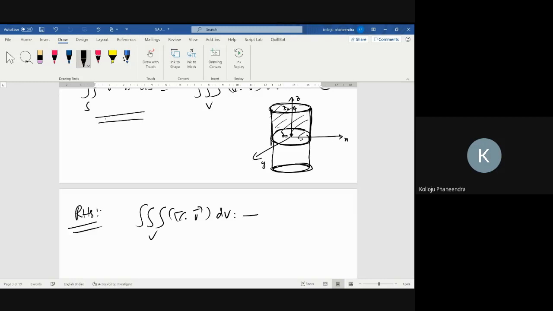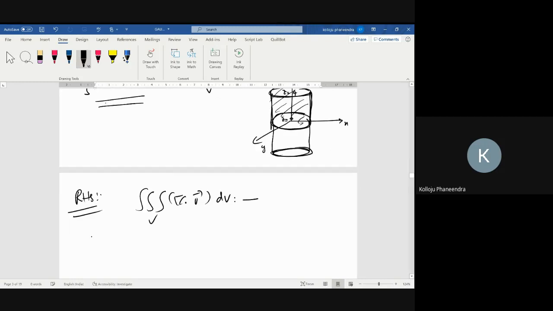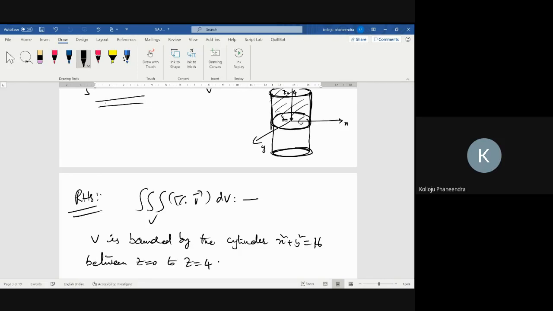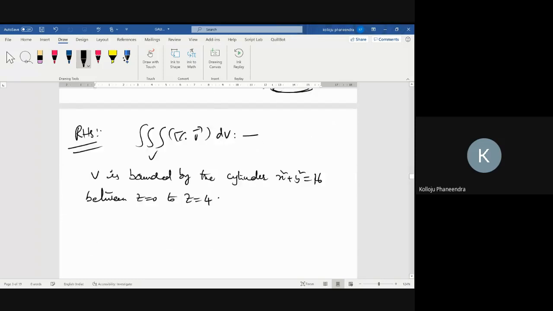Now, V is bounded by the cylinder x square plus y square equal to 16 between z equal to 0 and z equal to 4.